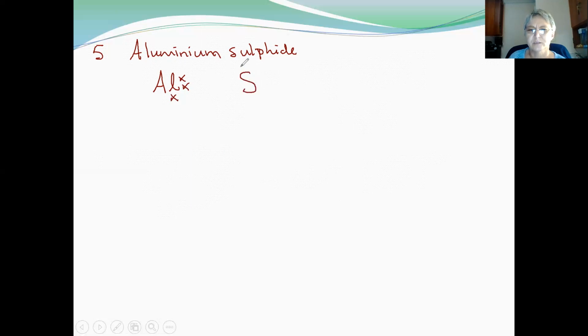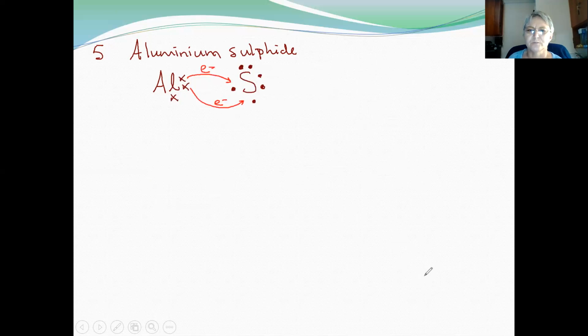Sulfur, an element in group 16, has 6 valence electrons. Aluminium is electropositive, so it will give an electron to sulfur. But sulfur needs 2 electrons, so there we go. The second electron goes to the sulfur atom.